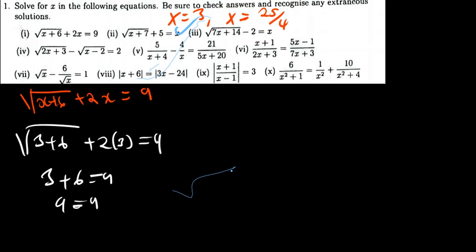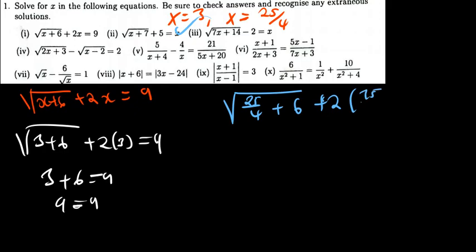Now I need to go ahead and also prove the second one. So we'll plug in the values here. So you have got the square root of 25 over 4 plus 6, then here I have plus 2 times the square root of 25 over 4, is equal to 9. Is this true?